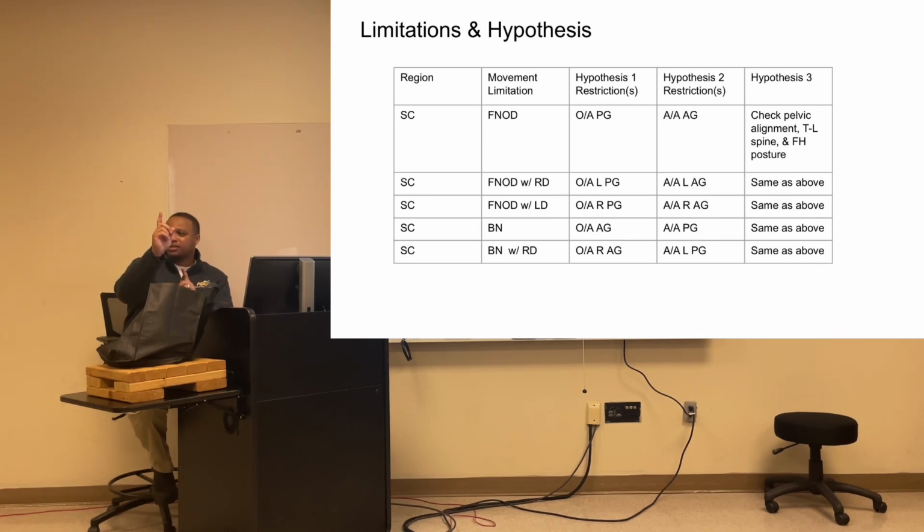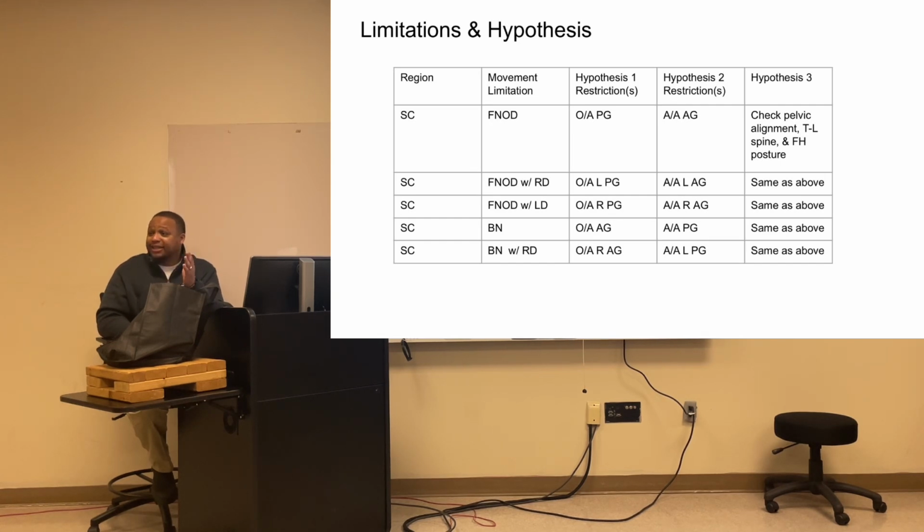And what ultimately is going to happen is the OA at the subcranial spine is likely going to deviate one way or the other based on what's going on down here, and ultimately it can result in a limitation with forward nodding.